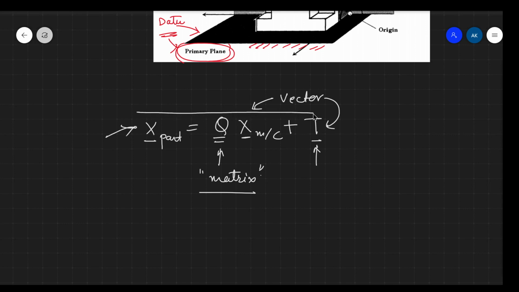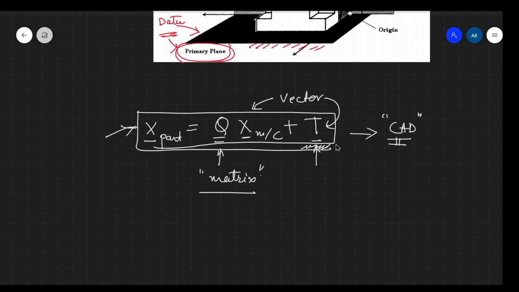This equation is very common, and you will see it again in CAD designs, CAD modeling, translation, rotation, scaling. I'm pretty sure you know all of them. So questions from those areas can be expected, because this equation represents the alignment.